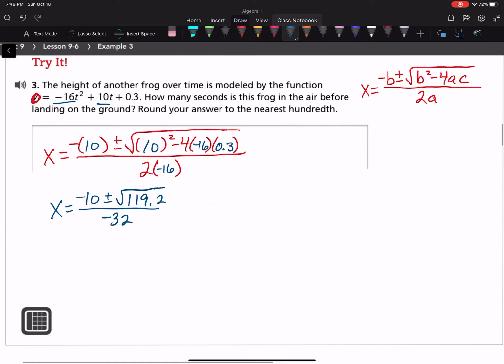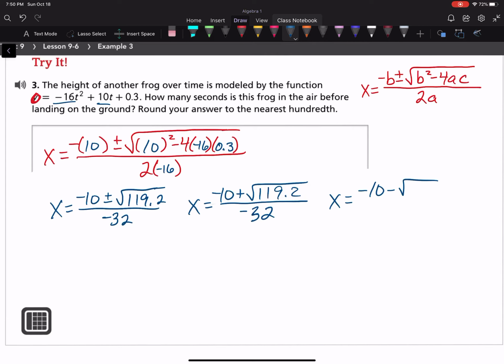119.2. And again, we put those in our calculator. And again, you do not have to write this down. I'm just writing it down so you can see how I'm putting it in my calculator. I'm putting it in exactly like you're seeing it here, except I am going to put parentheses around the top part.